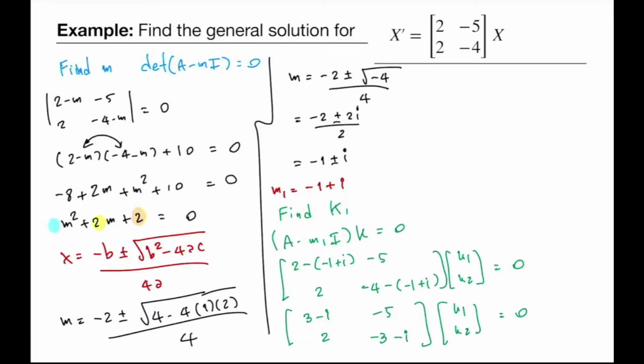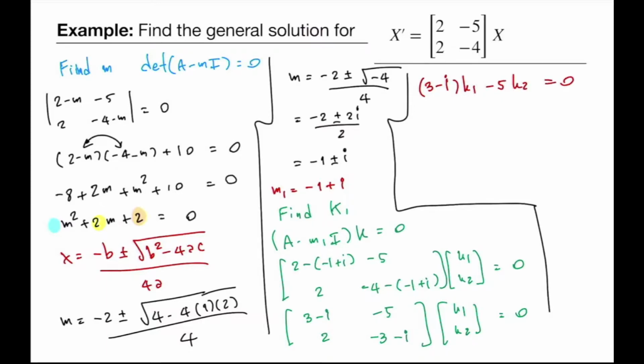Okay, so we obtain this equation: (3 minus i) k1 minus 5 k2 equals 0, and 2 k1 plus (minus 3 minus i) k2 equals 0.